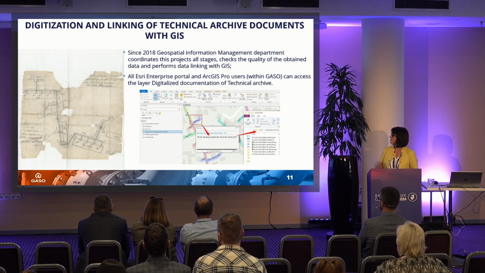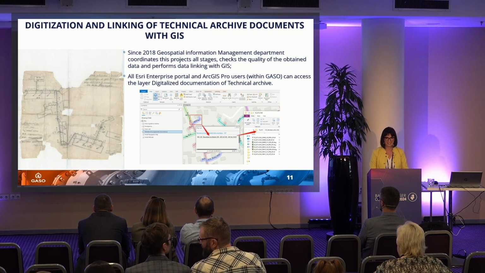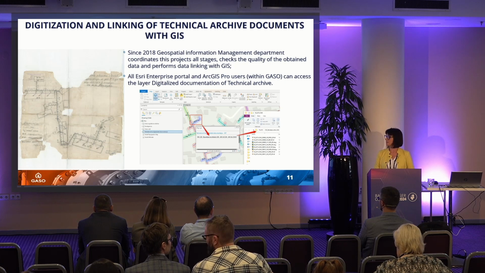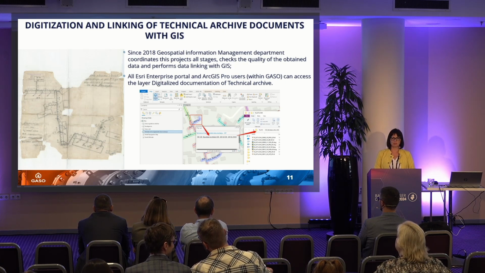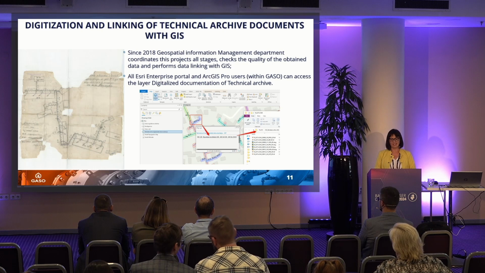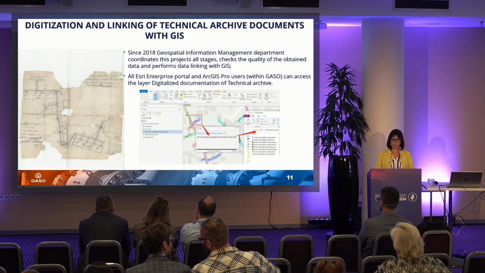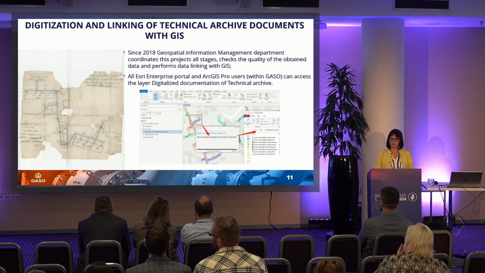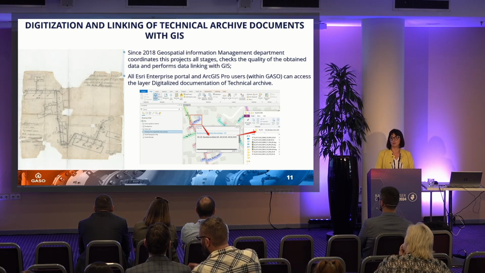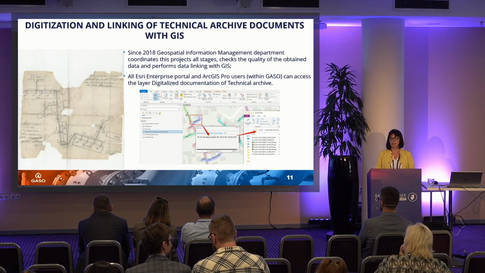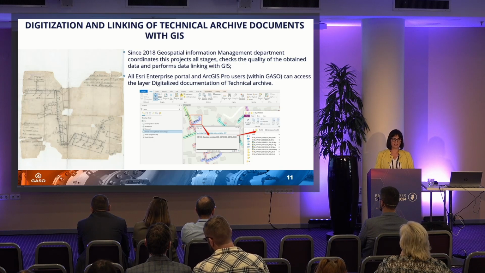So here is a typical example of our old archive document, because some of our paper maps are 50 years old. We have to do something to keep them. So by this linking, it is an example of working remotely, which is very important now.